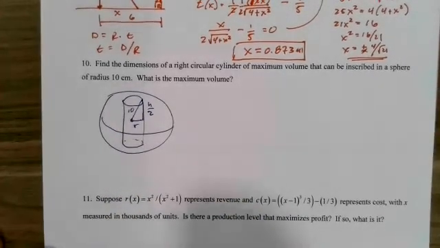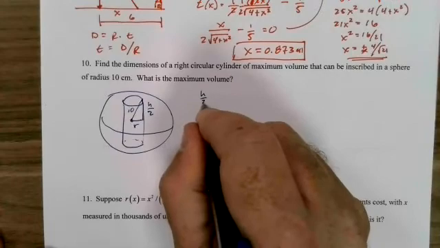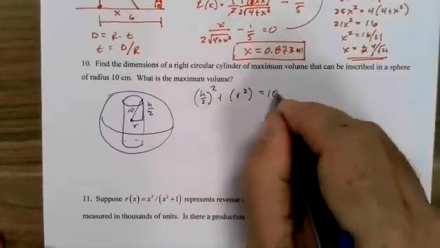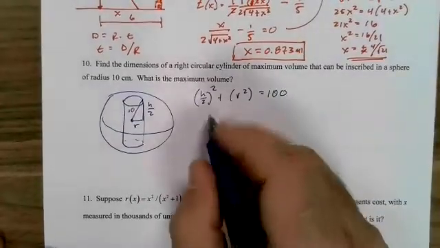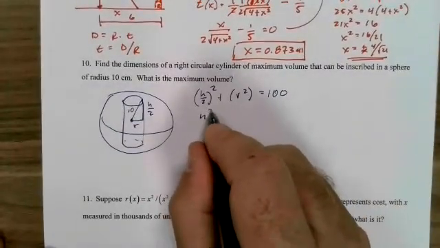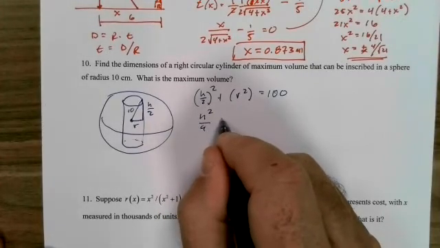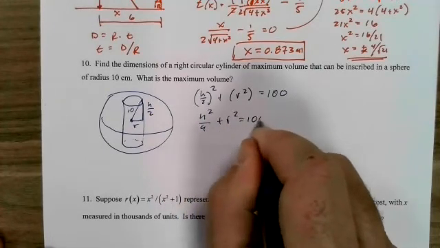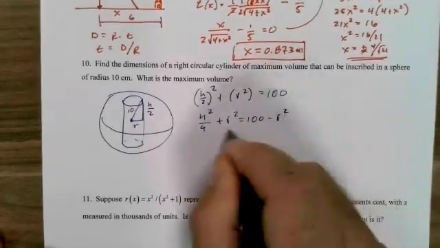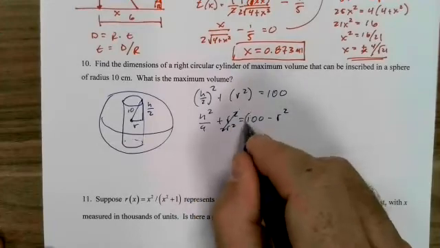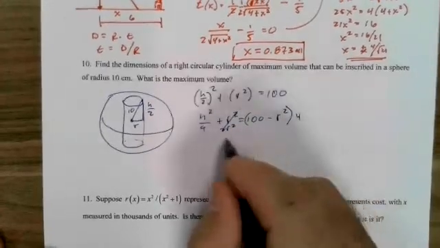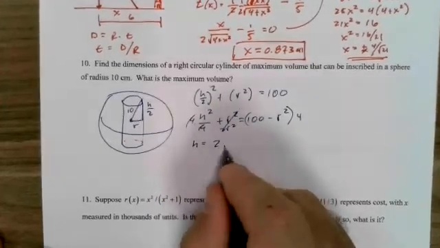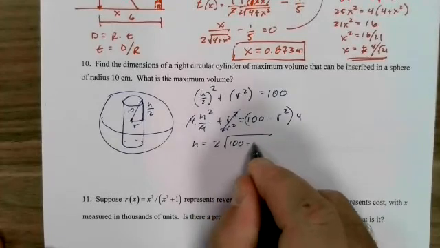Sure, whatever. So h over 2 squared plus r squared equals 100. H squared over 4 plus r squared equals 100, so h squared equals 4 times 100 minus r squared. That's 4. H equals 2 square root of 100 minus r squared.